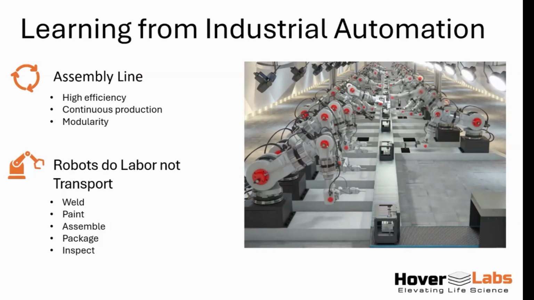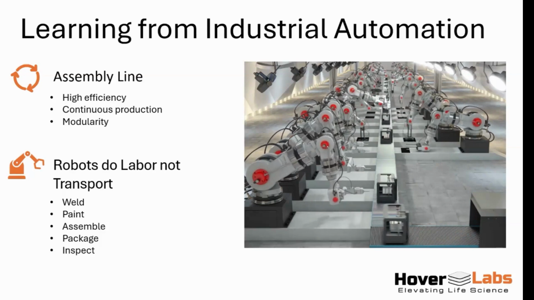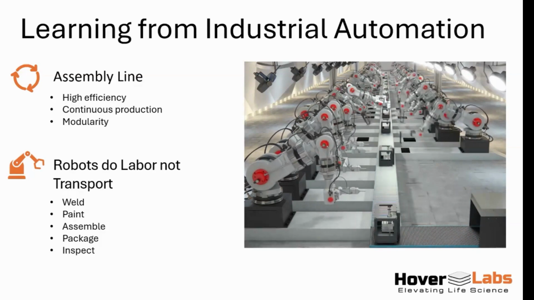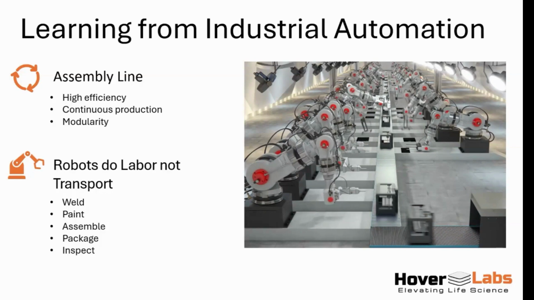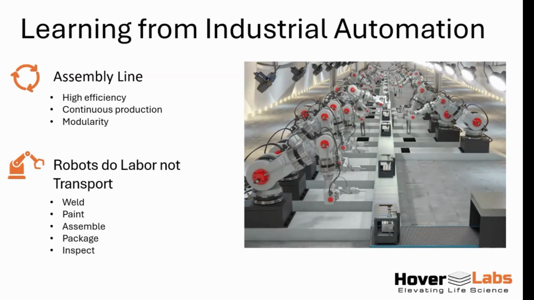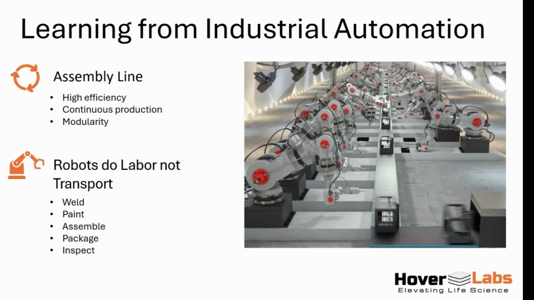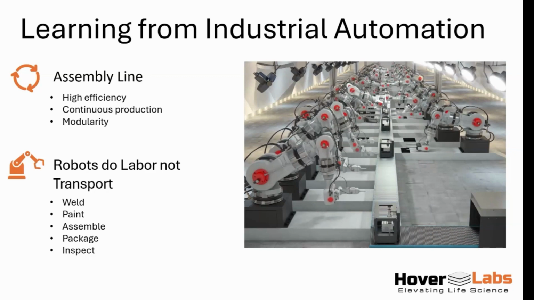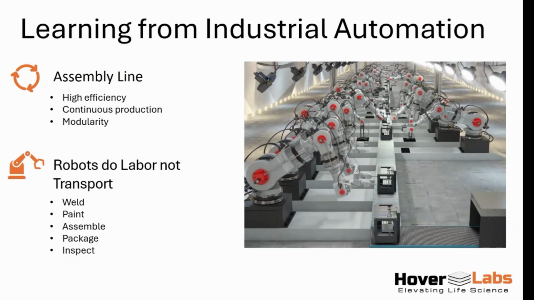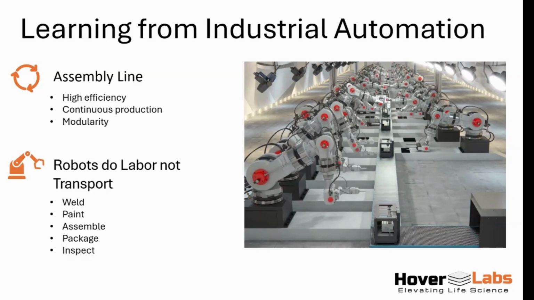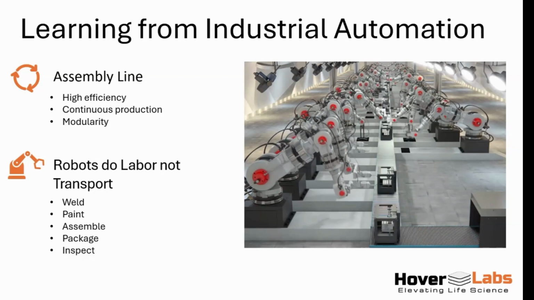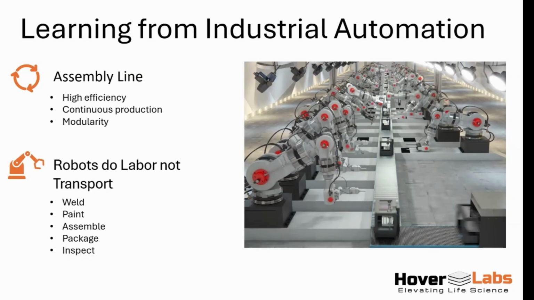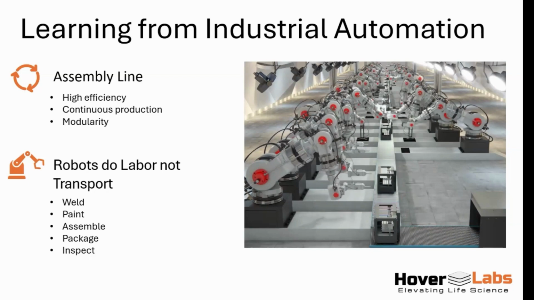We feel that by adopting and adapting these proven concepts, lab automation can achieve new levels of efficiency and functionality. The assembly line concept has been massively successful because no time is wasted between each step of a process. They are highly efficient. They allow production processes to run continuously. And their modular nature allows for relatively easy reconfiguration.